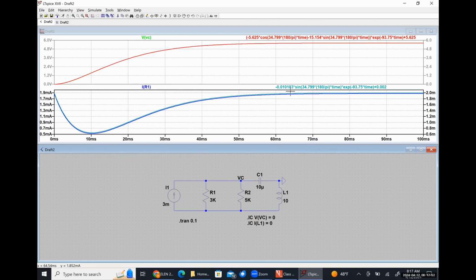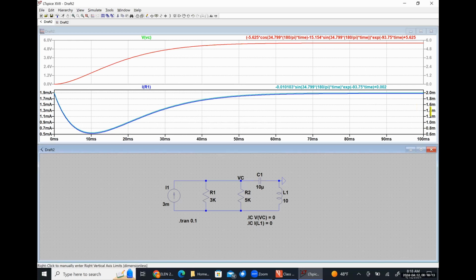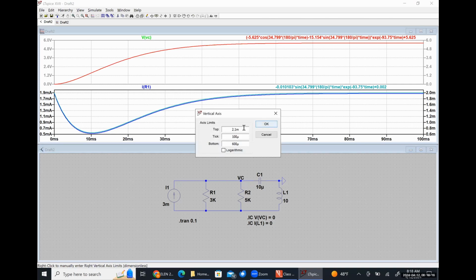And so this looks a little different, like very, very similar. But notice that the scale on the left-hand side and the scale on the right-hand side of the page are not the same. So I'm going to right click over here and I'm just going to change this. So the top is 2, the bottom is half a milliamp. So I'm just going to do the exact same thing over here.